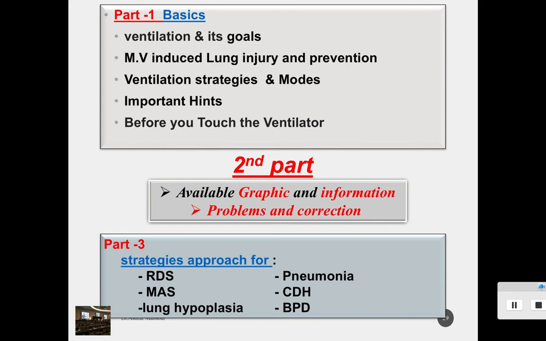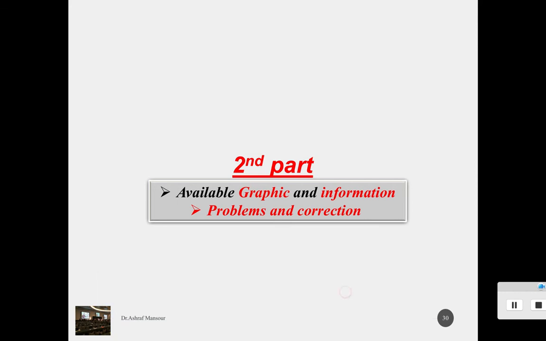And we finished at the point of looking at your ventilator for the available graphics and information. So today I will speak about the graphics and information, then some applications as problems and how to correct them.